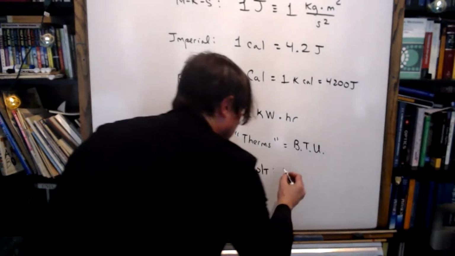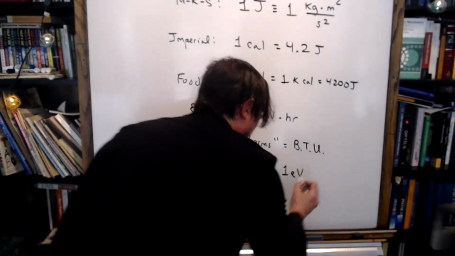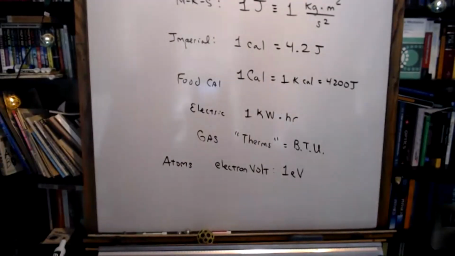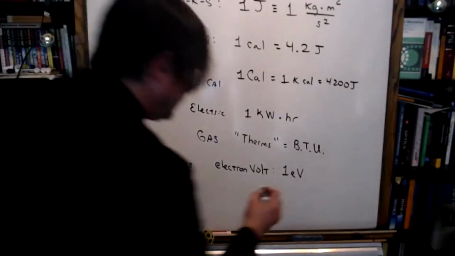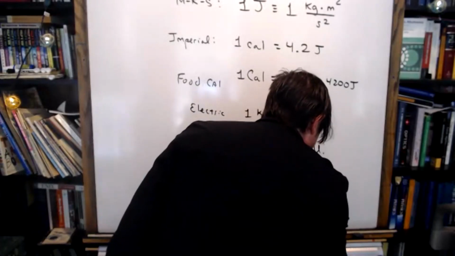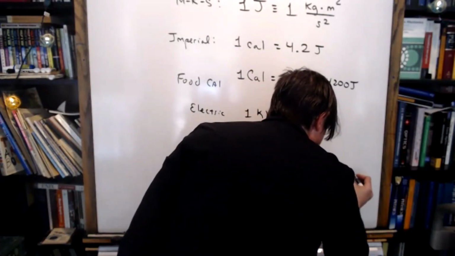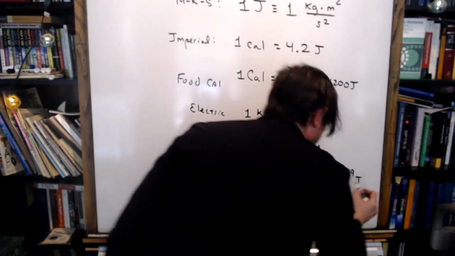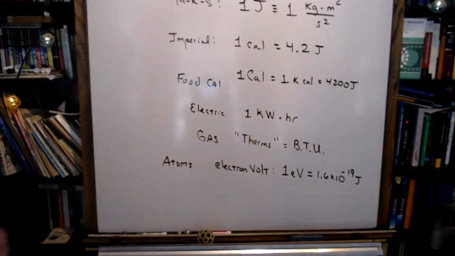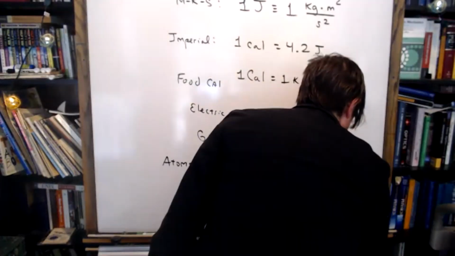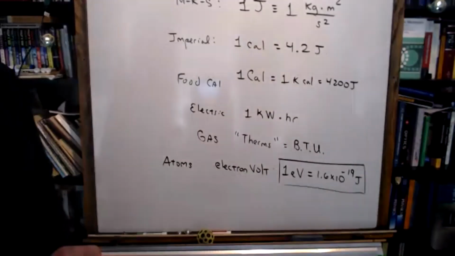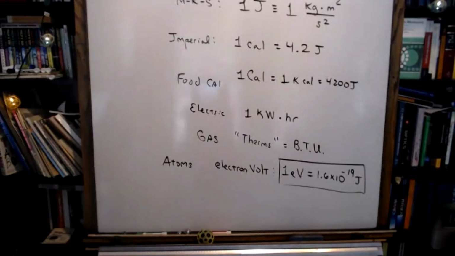The electron volt is abbreviated as a lowercase e and capital V, and is a tiny little packet of energy equivalent to 1.6 times 10 to the minus 19 joules. That's an important conversion factor that you'll want to have in your back pocket at some point during our lecture today.